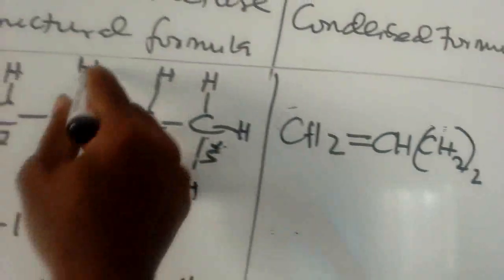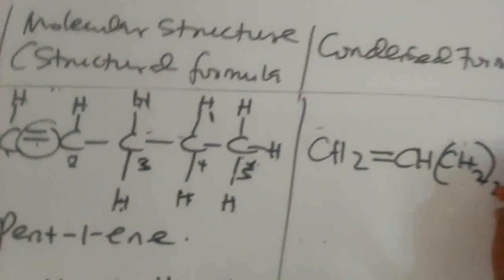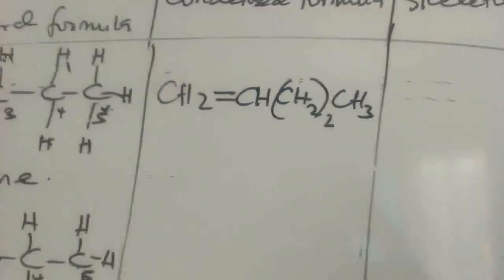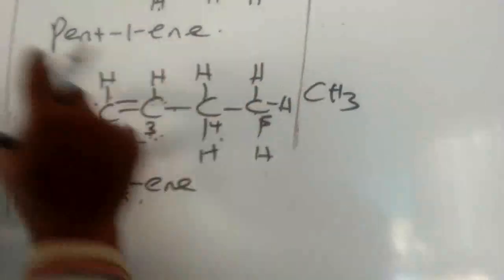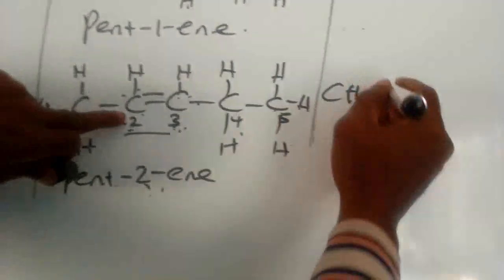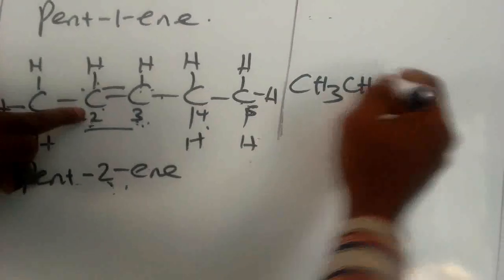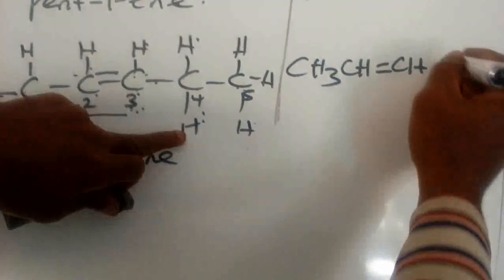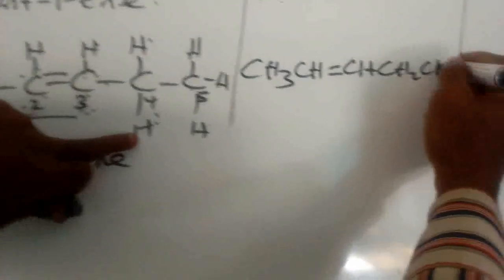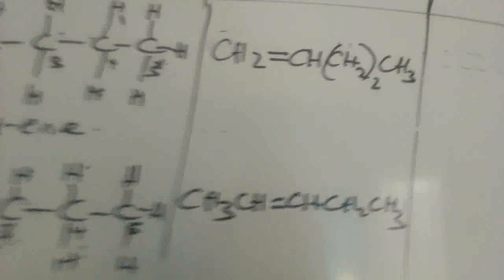I can bracket it and put 2 because it occurred twice, and then CH3. This is the condensed formula of this one. For pent-2-ene: CH3, CH, double bond, CH, CH2, and then CH3. This is pent-2-ene.